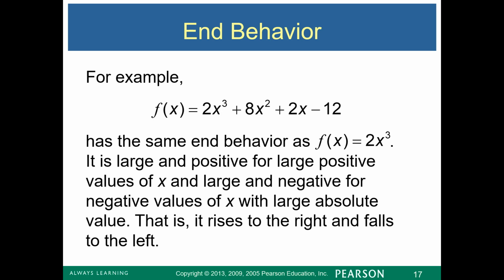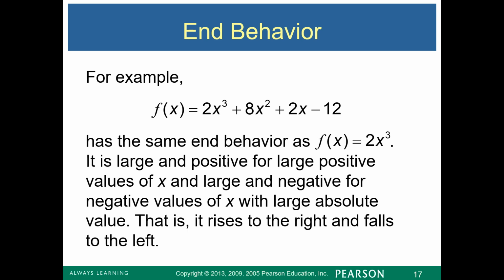If you look here, f(x) equals 2x cubed plus 8x squared plus 2x minus 12, right? So the dominating term is the term of greatest degree. The first term has degree 3.